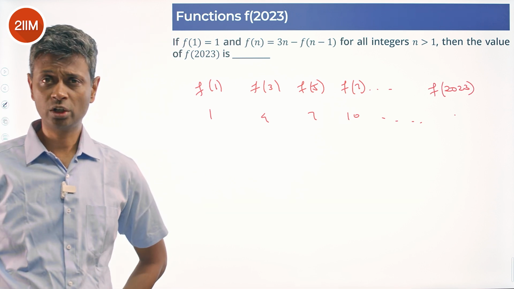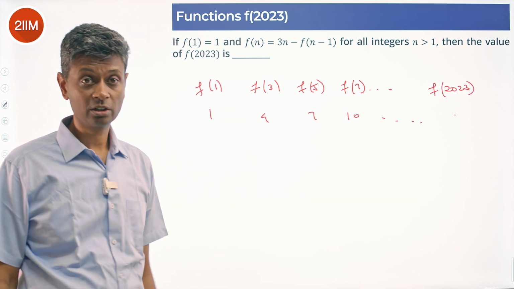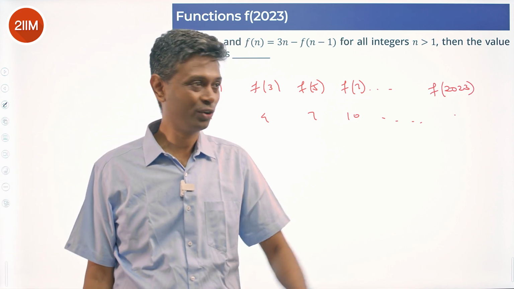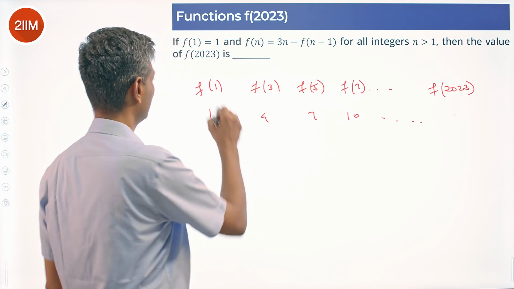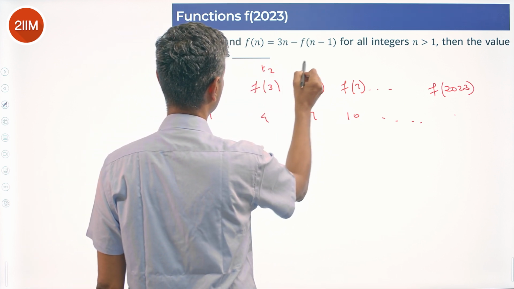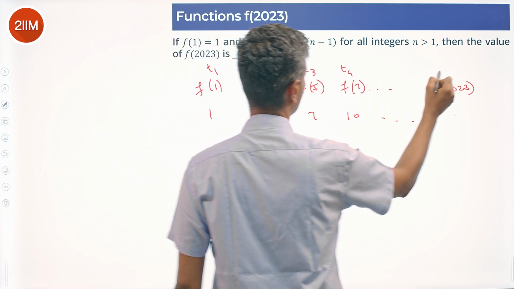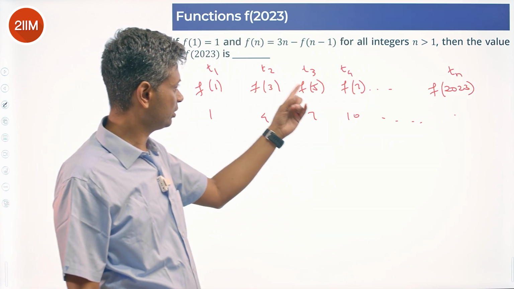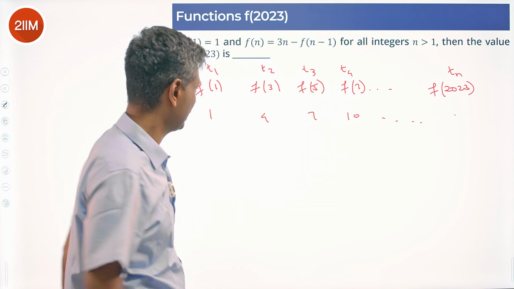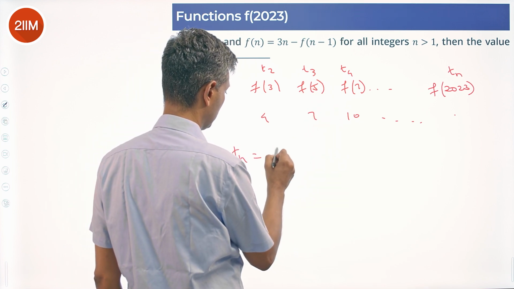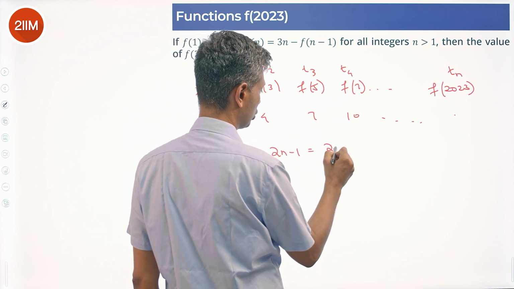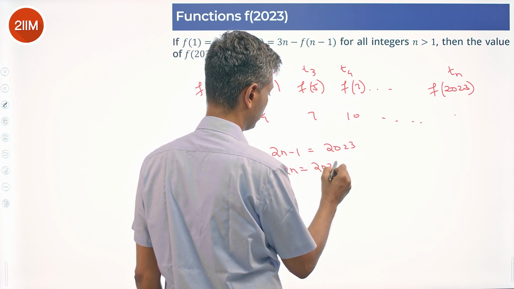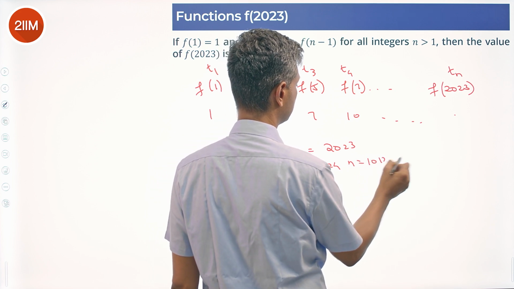If you write down odd numbers, 1, 3, 5, 7, 9, what is the nth term for F of 2023? If I call this the first term, this the second term, the third term, the fourth term, this is the nth term. This is 2 minus 1, 4 minus 1, 6 minus 1, 8 minus 1, or nth term equals 2n minus 1, which is 2023, or 2n is 2024, n is 1012.